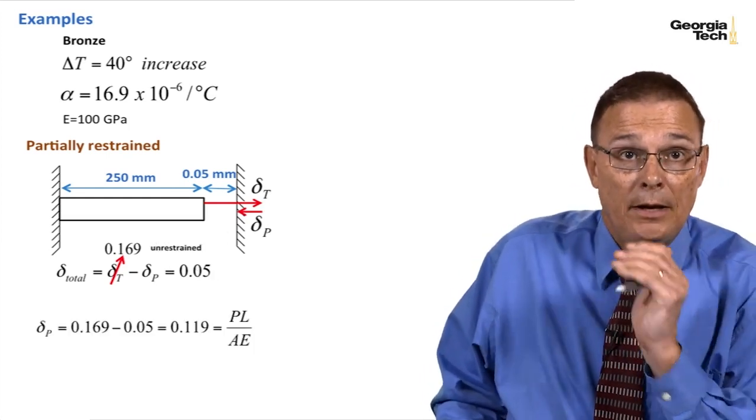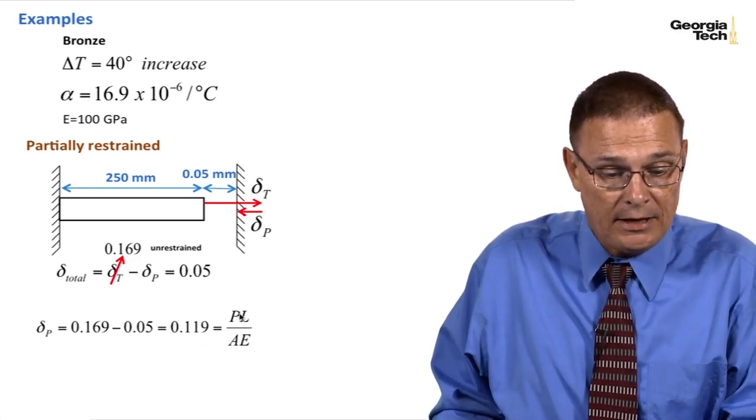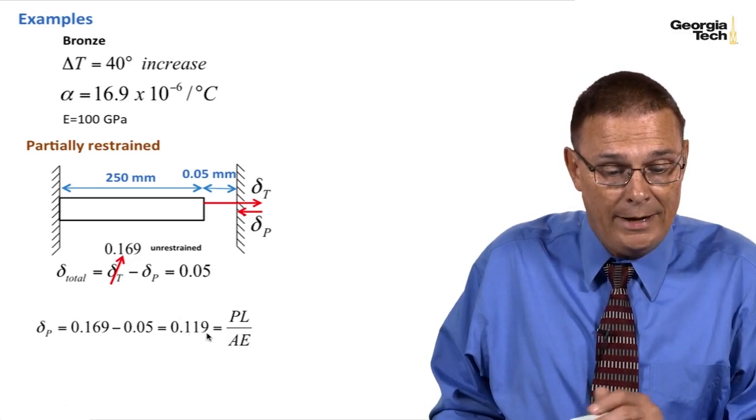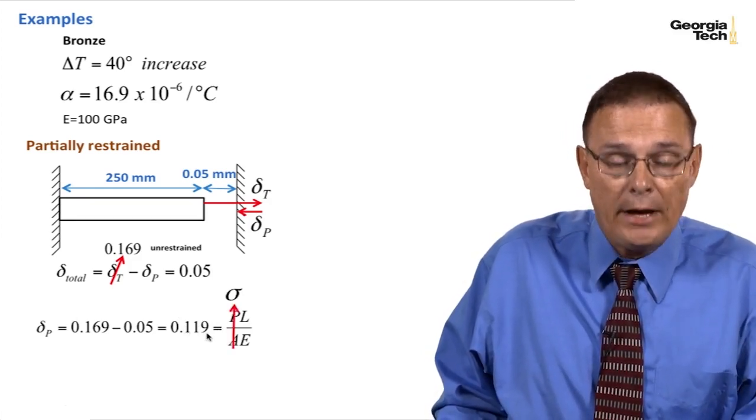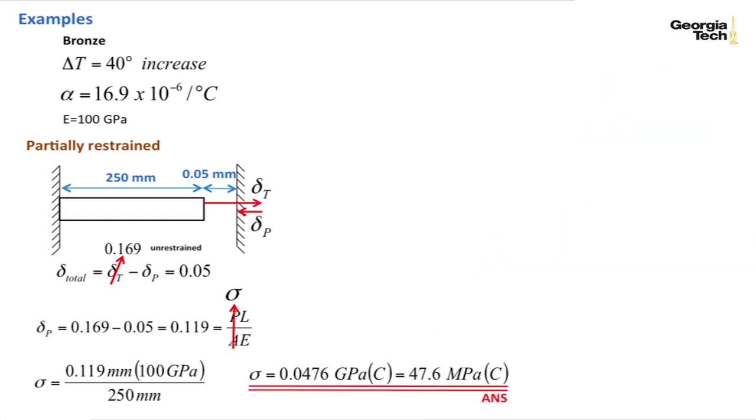And so here's our equation. PL over AE then has to equal 0.119, and P over A again is the stress, and so the stress ends up equaling 47.6 megapascals, and again in compression.